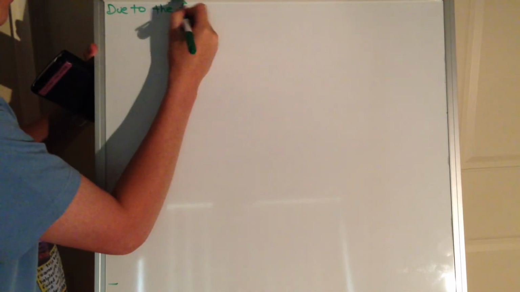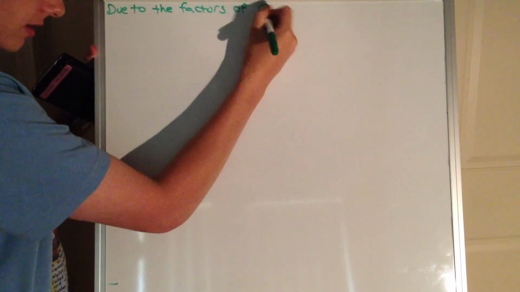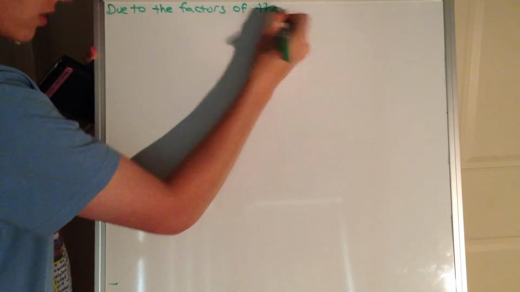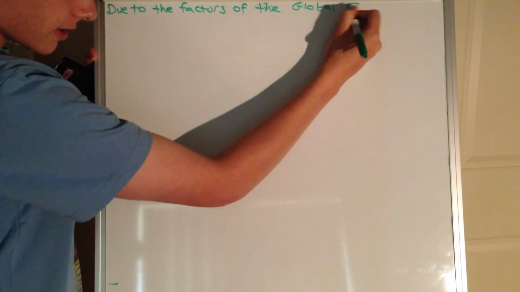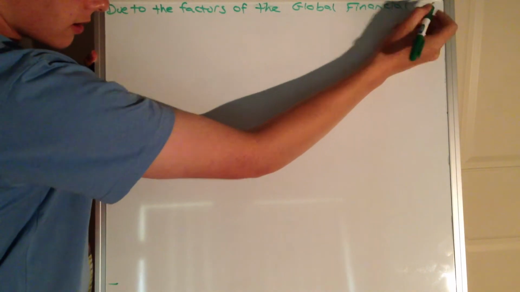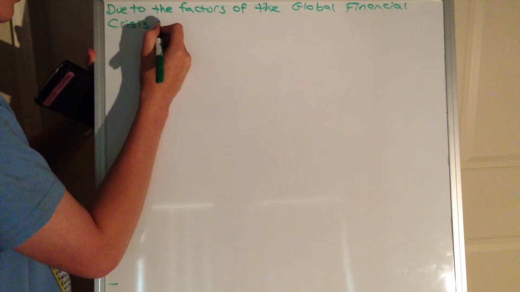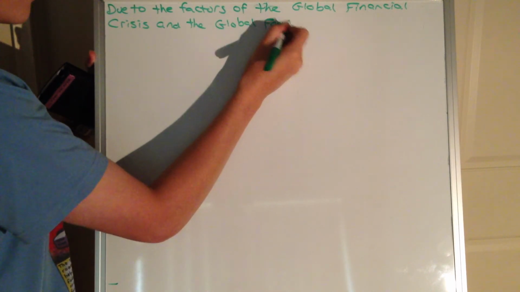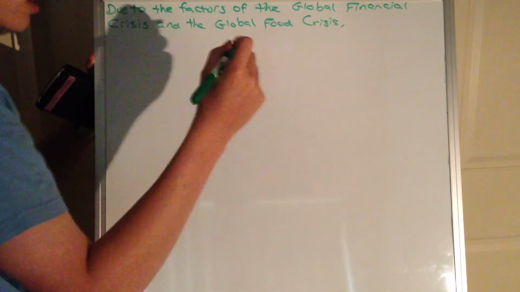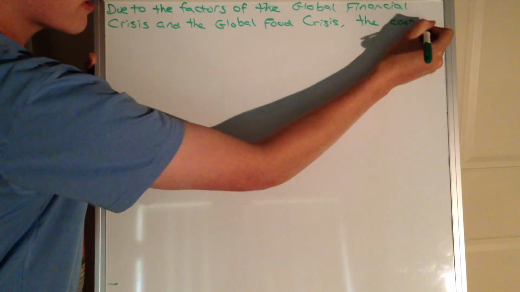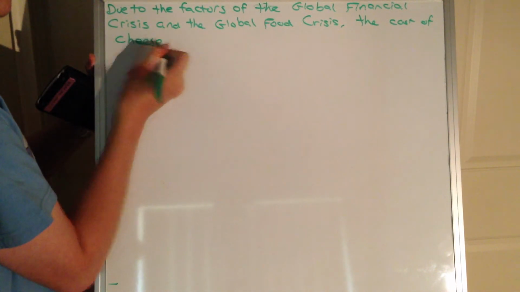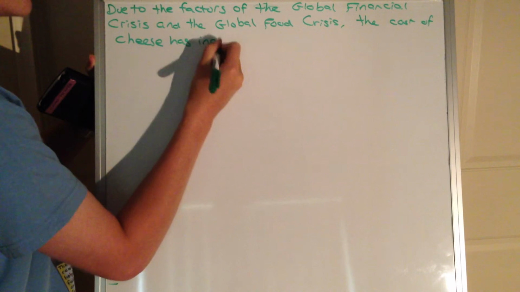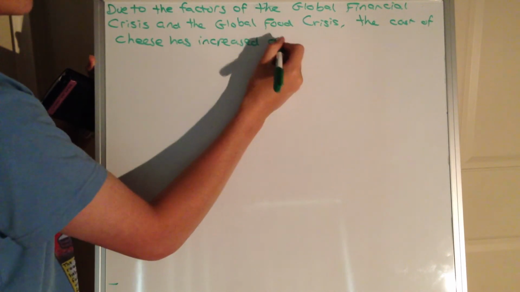This one I've written down the bottom, but it says: due to the factors of the global financial crisis and the global food crisis, the cost of cheese has increased over the last few years.